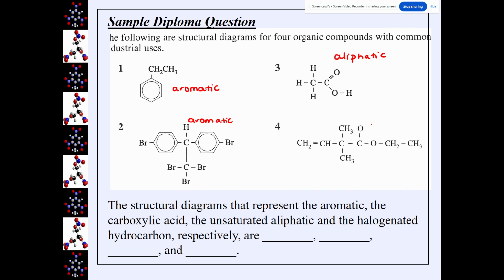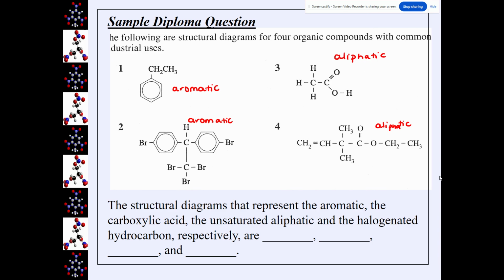And 4 would be aliphatic because it does not have benzene rings. Okay? Oh, I definitely spelled that wrong. What happens when I talk and write? Aliphatic.